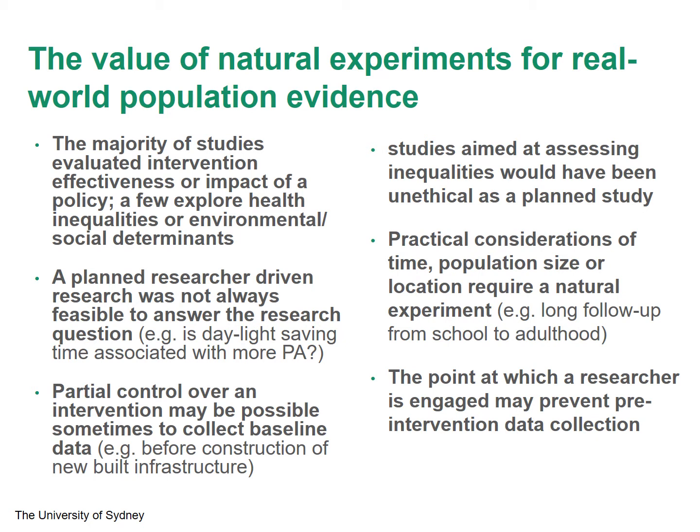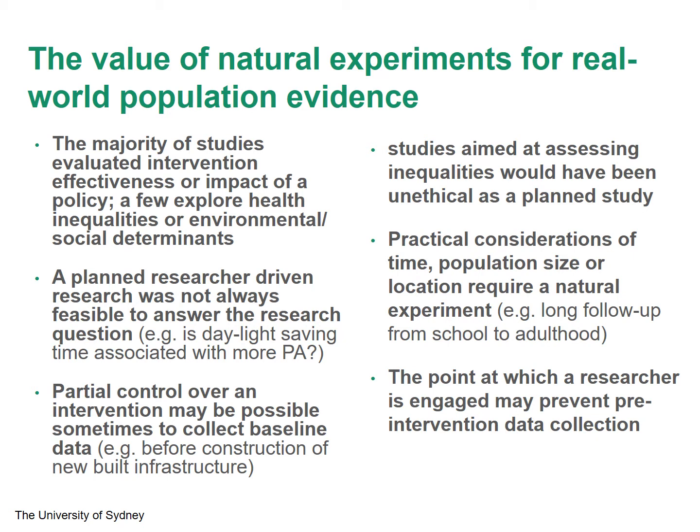Now, planned researcher-driven research was not always feasible to answer the research question. However, partial control over intervention may have been possible in some of the circumstances to collect baseline data. However, if a policy is enacted quickly, this will be restricted.